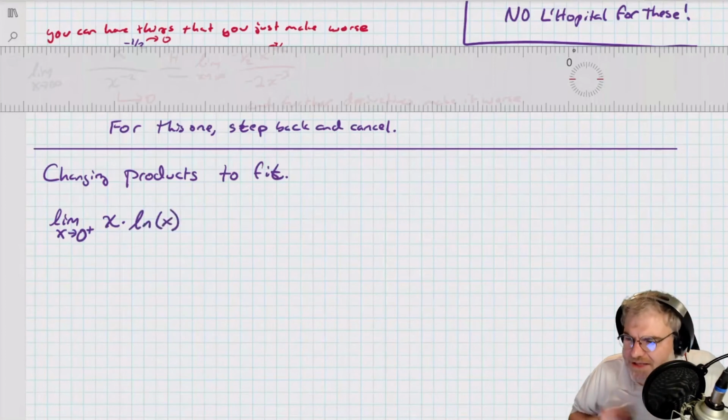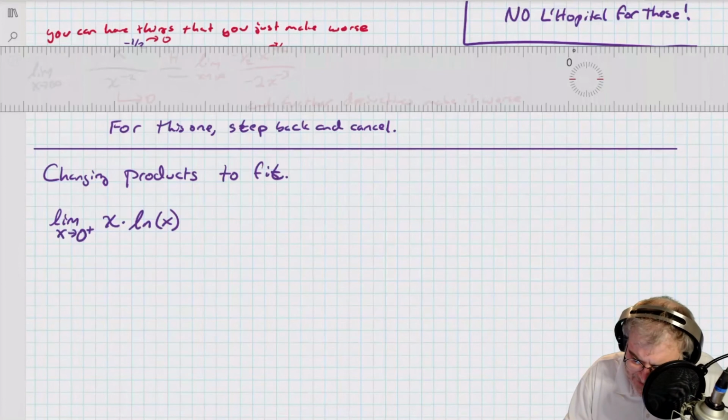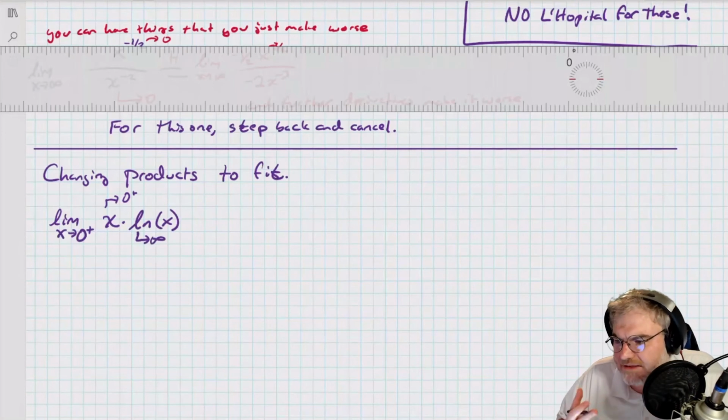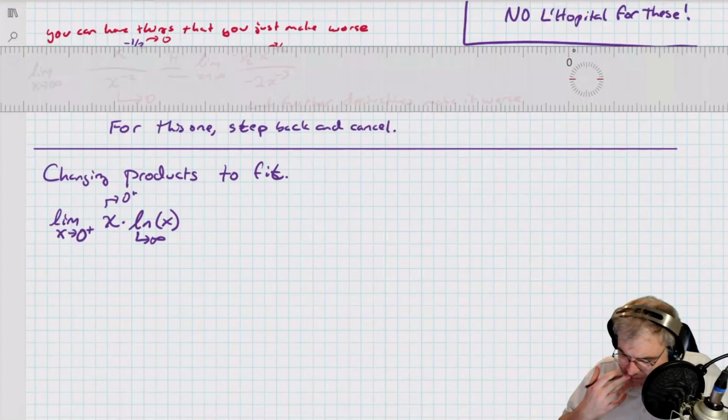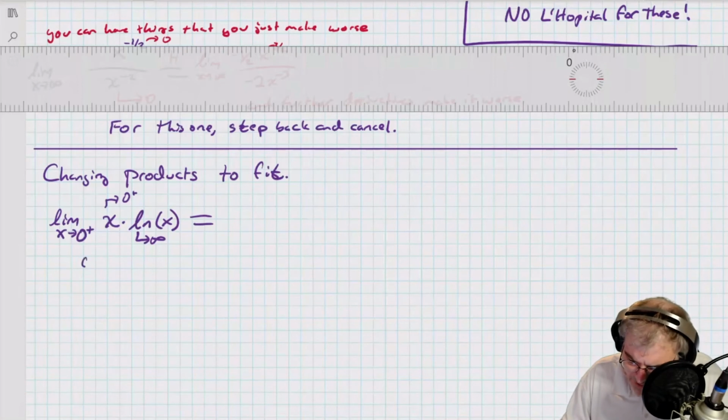And you get this situation where you get 0 plus times infinity. And that's undefined. I can't do that. So for this one, I kind of have to fix it. I'm saying 0 plus times infinity is not defined, but I can fix it.